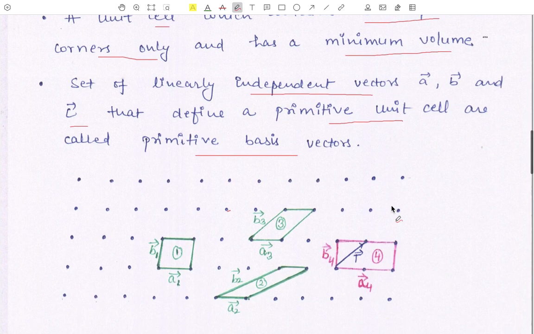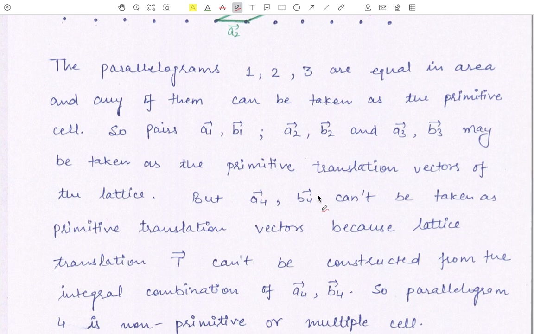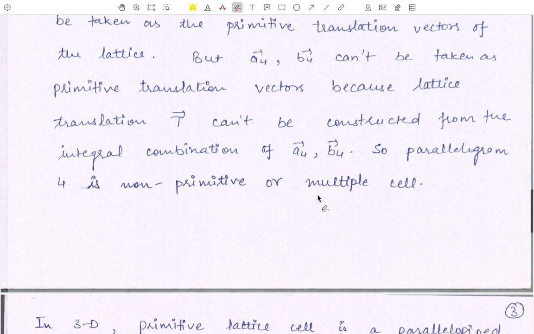And the third thing, these lattice vectors a4, b4 or a3, b3, a1, b1, like this, a vector, b vector, and in case of 3 dimensions a vector, b vector and c vector, must be linearly independent vectors, and their linear combination with integers as coefficients must give the position of any of the lattice points. So these 3 are the conditions for a unit cell to be a primitive cell.